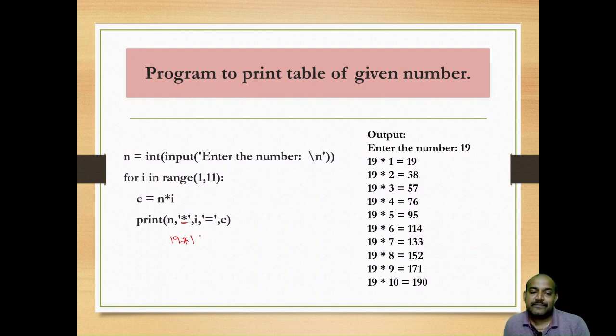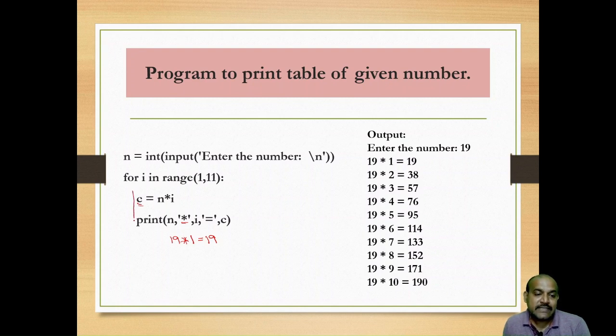It is 1, whereas "equal to" I have written in quotes, which means that it will be printed as it is. And comma C, what is C? C is 19 into 1 equals 19, you are getting 19, right. So, you will be getting the answer as 19. The value of C will be printed. This is the output of the print statement.